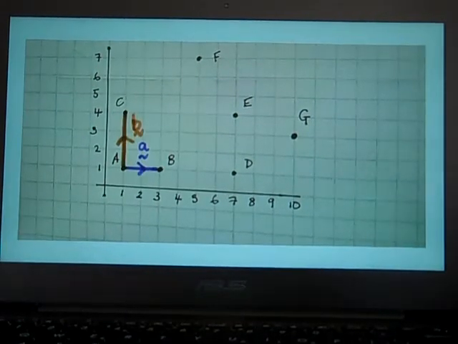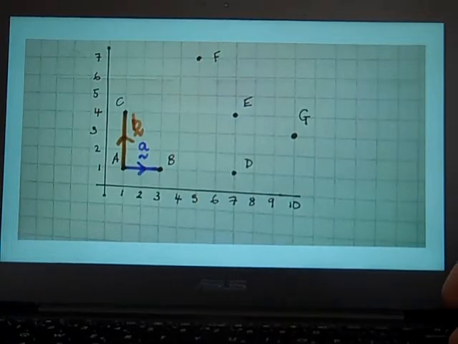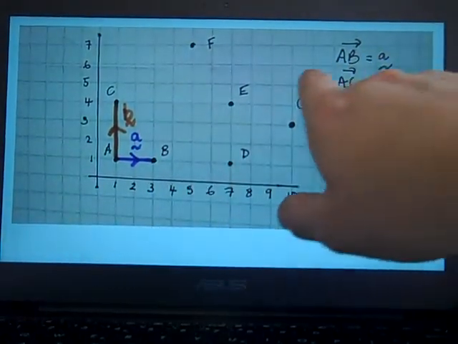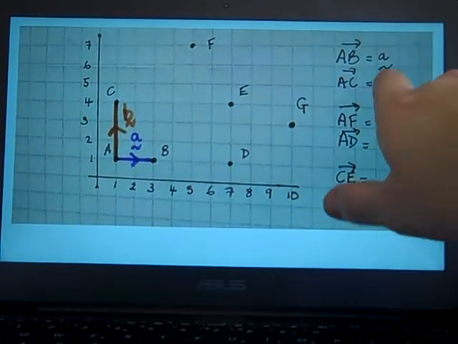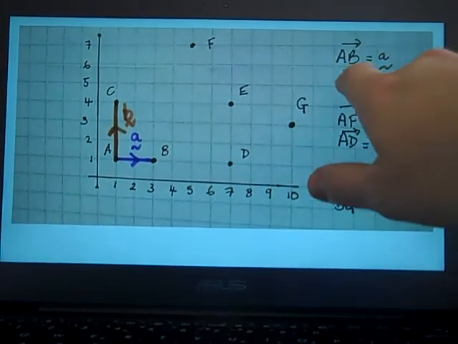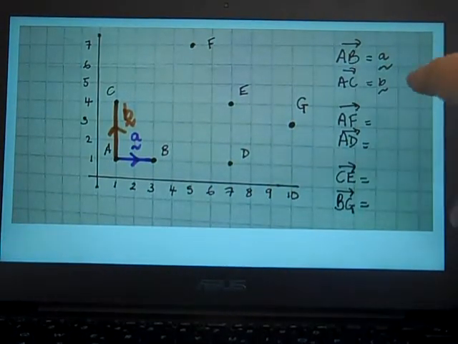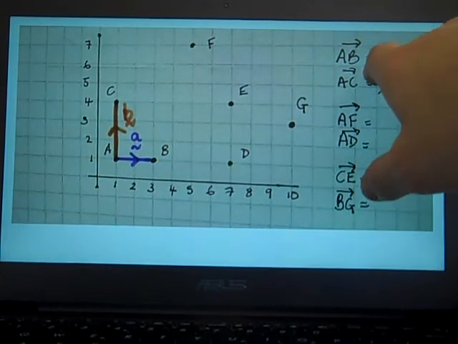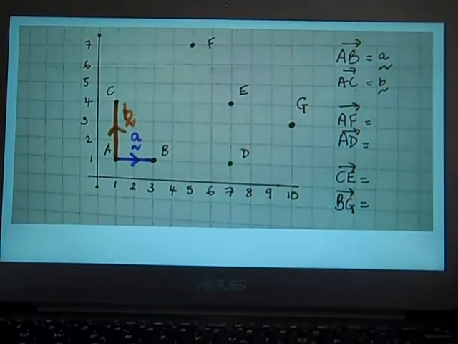So we've got two vectors popped up there, as you can see, a vector a and a vector b. So we've got AB is a, and AC is b. And notice the arrows above the capital letters, just like we had previously, an arrow telling you which direction it's going. I like to use twiddles under my letters, or you can just use a straight line to show it's a vector.